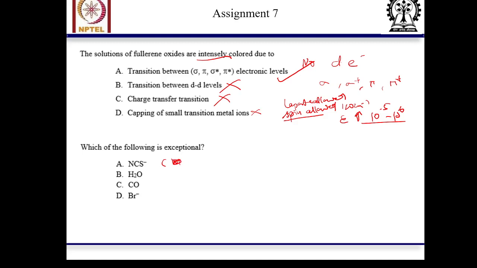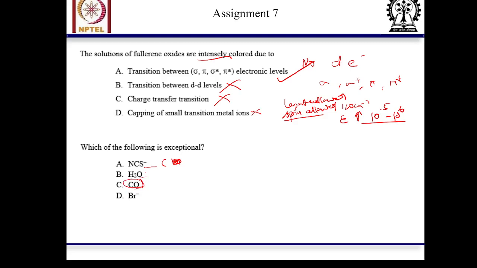NCS minus, what kind of ligand is there? Okay, so this is a normal ligand only. It can bind through N or S. There is no issue. H2O has only O. CO is a very special and exceptional ligand.